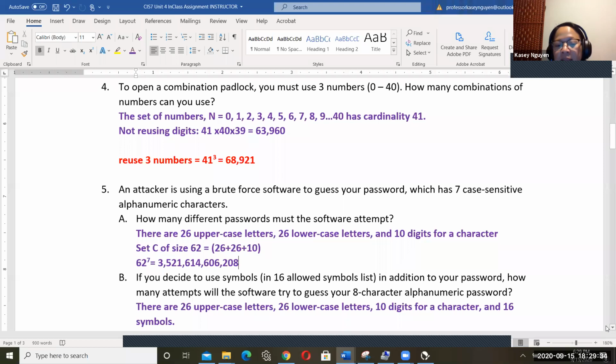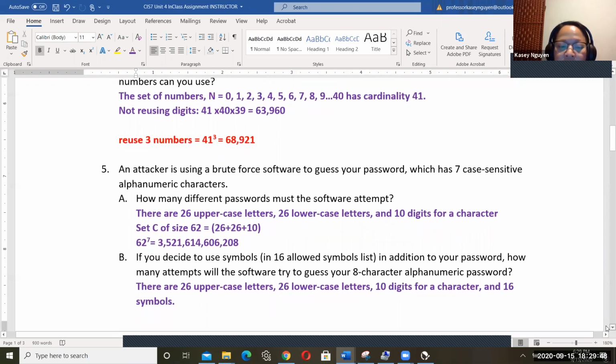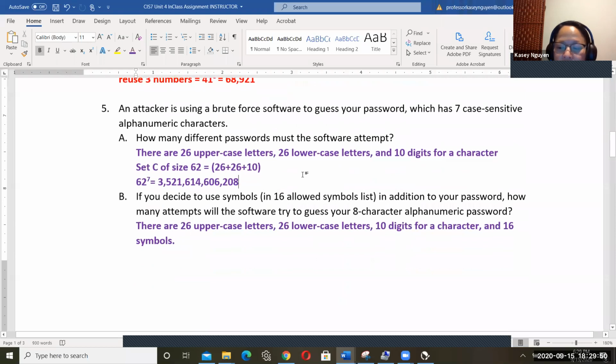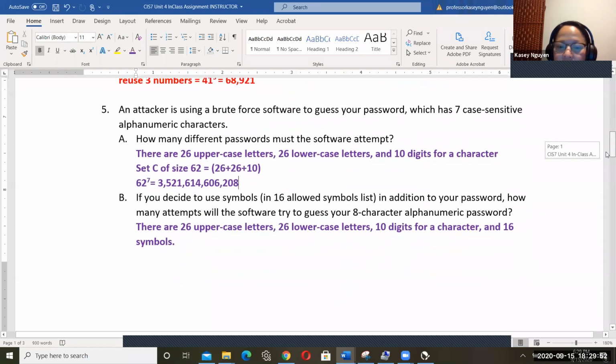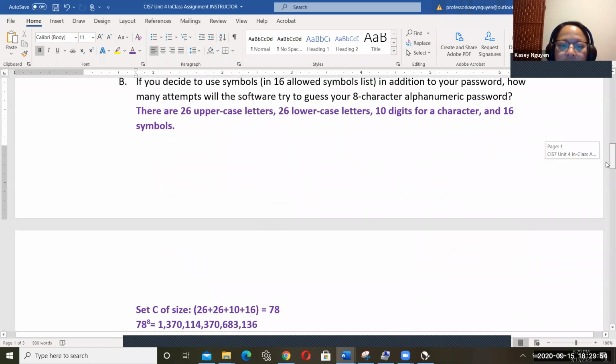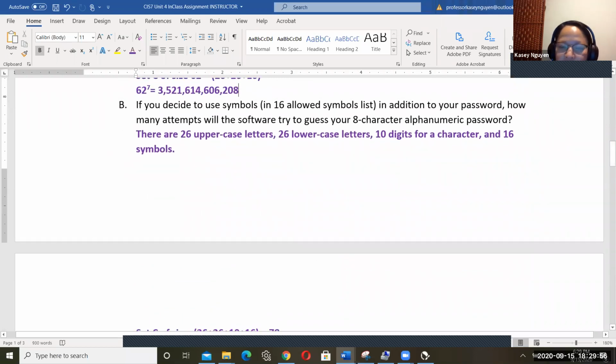So we take 26 uppercase letters, 26 lowercase letters, 10 digits, and 16 symbols, and we add them together, which gives us... let me move it down so you can see.